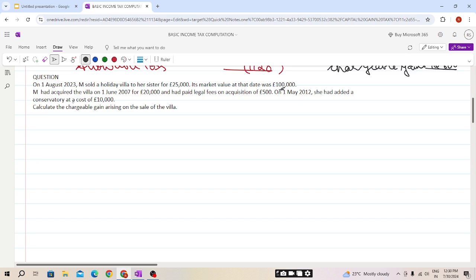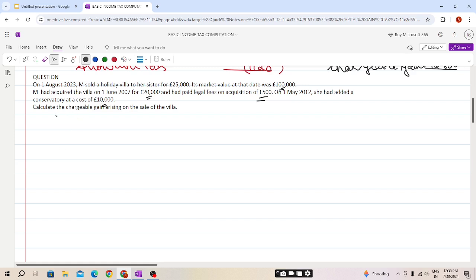M acquired the villa on 1st June 2007 for 20,000 and paid legal fees on acquisition of 500 pounds. On 1st May 2012, she had added a conservatory at a cost of 10,000, which means a capital expenditure has been incurred.